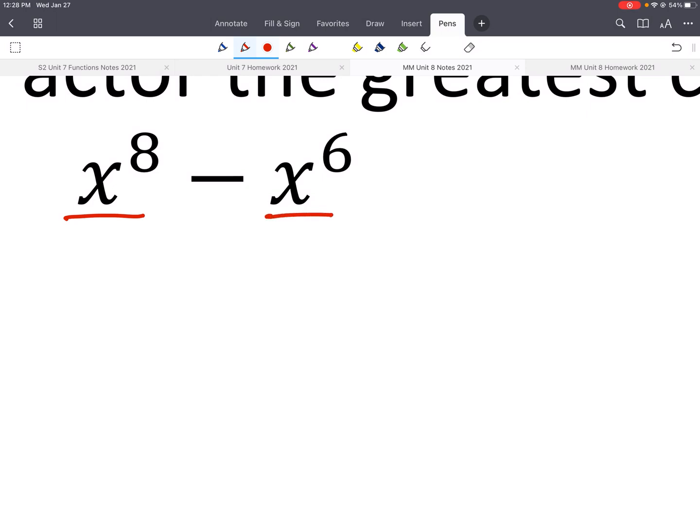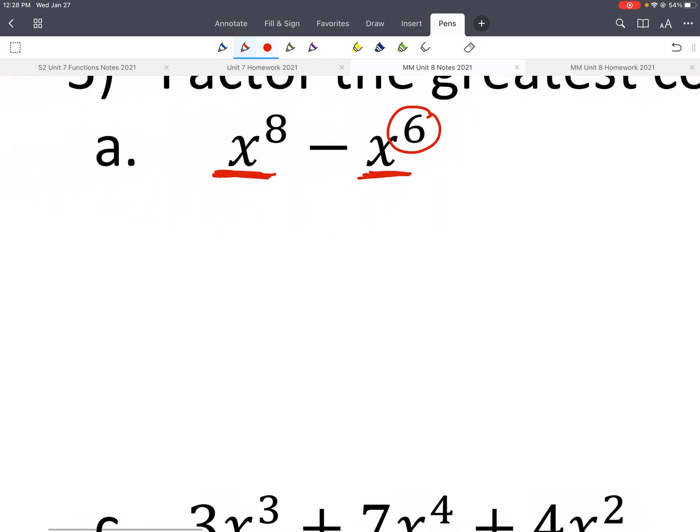What is the most amount of x's that we could take from both of those terms? It's 6. So we could take 6 from this term and 6 from this term. The greatest common factor for these variables would be x to the 6th.